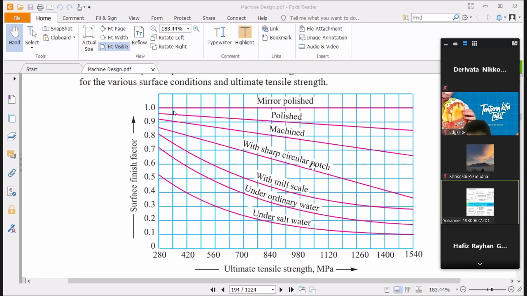Okay. And when the surface finish is rougher, then the surface finish factor becomes smaller, meaning that the endurance limit will decrease, will be dropped because of poor surface finish. Okay.